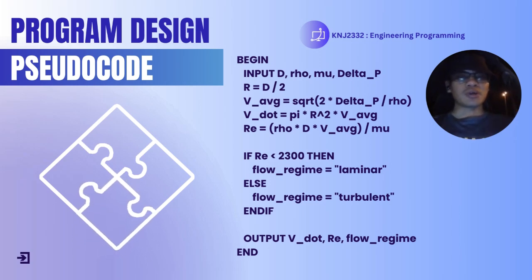If the Reynolds number is less than 2300, then the flow regime is considered laminar, or else the flow regime is considered turbulent, and that is the end of the if-else command. Then we display the output of V dot, Reynolds number, and flow regime. After that, we end the program.